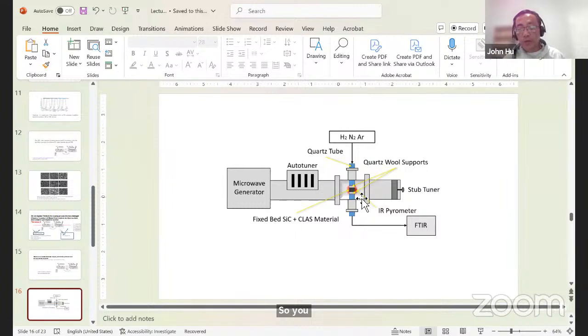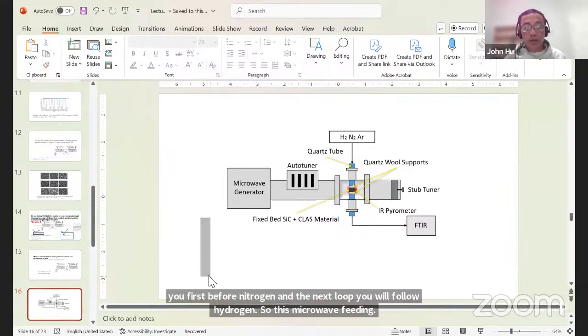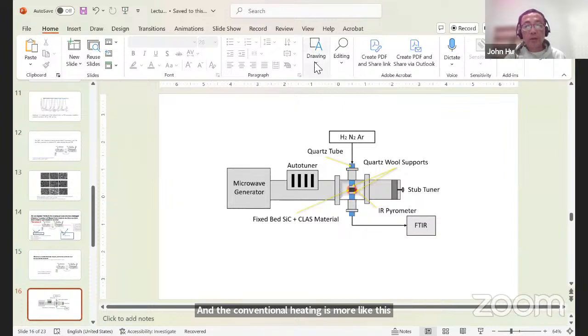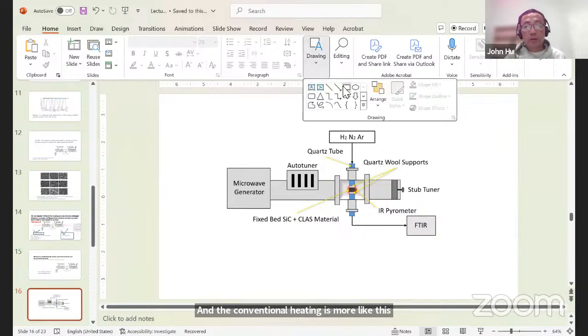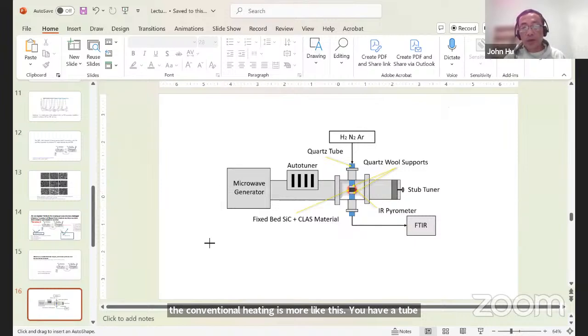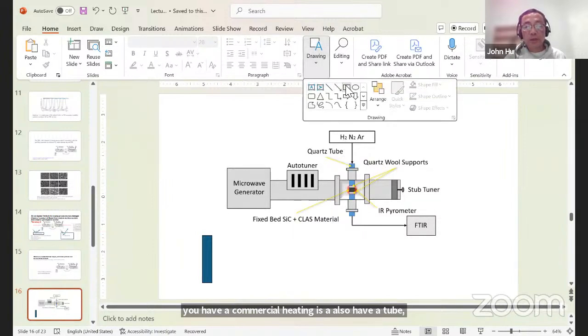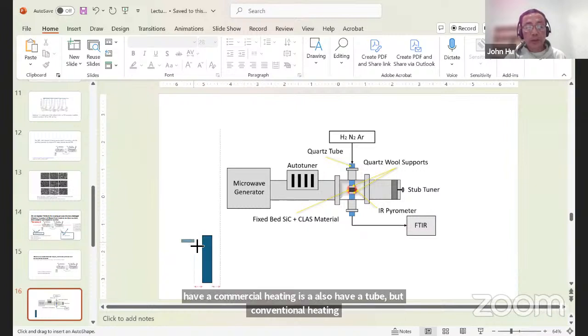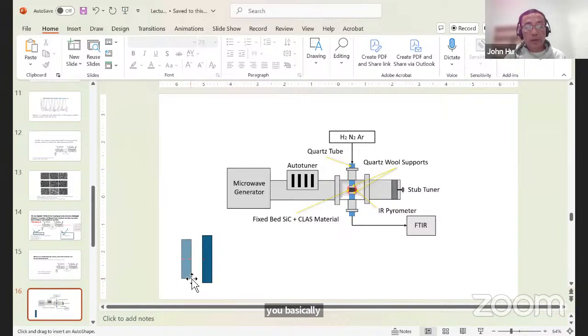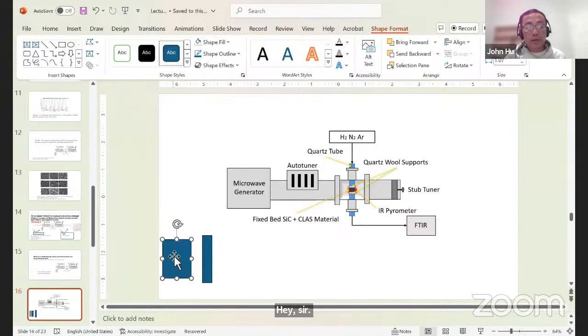So this is microwave heating, and the conventional heating is more like this. It also has a tube, but conventional heating is basically a furnace.